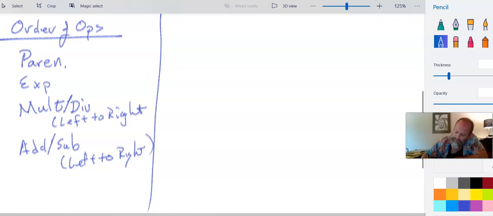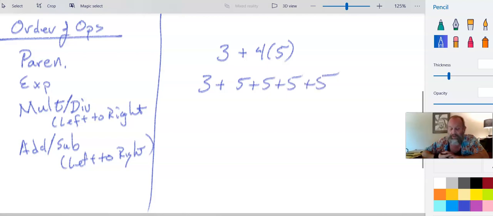When you look at a problem, let's suppose I was looking at 3 plus 4 times 5. Now, if you're working it out this way, it doesn't lend itself to showing you why. But remember, 4 times 5 is adding 5 four different times. So what this actually means is 3 plus 5 plus 5 plus 5 plus 5.